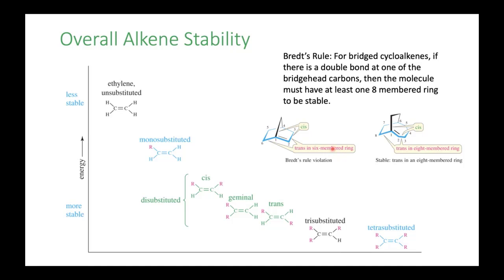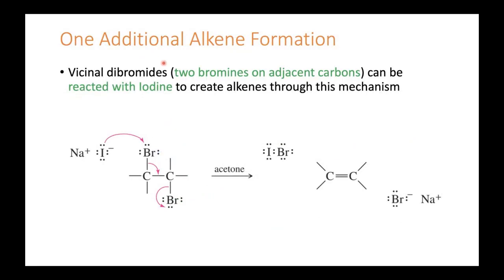That's about it. The last slide that I have is an additional alkene formation. There are some alkene formation reactions, and a lot of them that you'll do this unit are just E2 and E1. But there's one additional mechanism, and it's called vicinal dibromides. So it's two bromines on adjacent carbons. These can react with iodide, I-, and it will create alkenes through this mechanism.